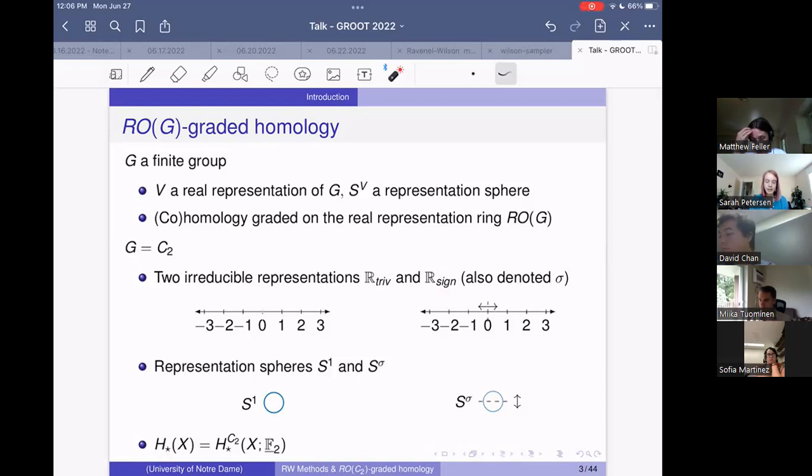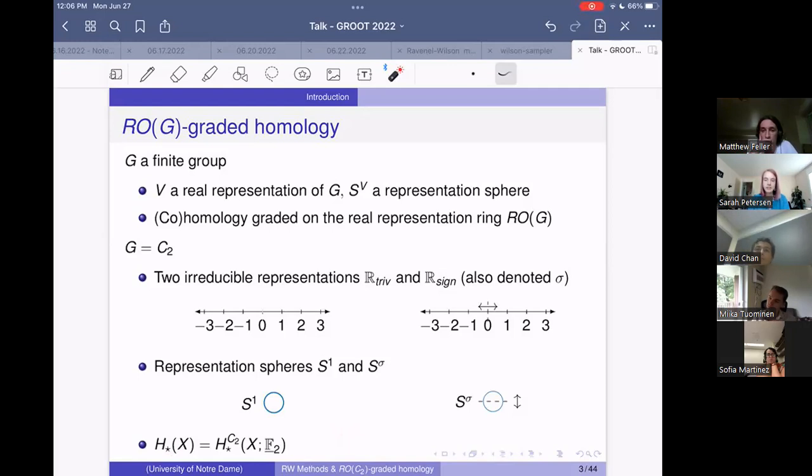And we'll denote that with a five-point star as opposed to the more typical asterisk sort of star in the non-equivariant setting. And if you don't think about equivariant homology a lot, one question you might have is why consider RO(G)-graded homology?